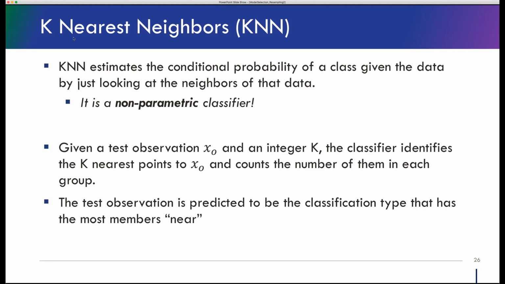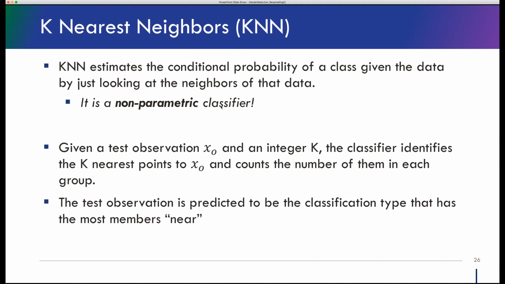K nearest neighbors, we will write KNN for short. KNN estimates the conditional probability of a class given the data by just looking at the neighbors of that data. By looking at the neighbors of the data, we determine which class it should belong to.